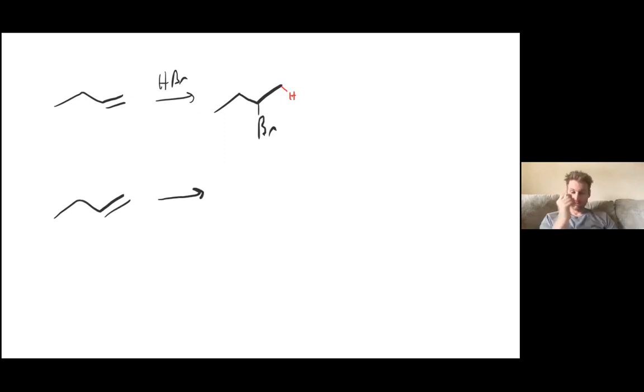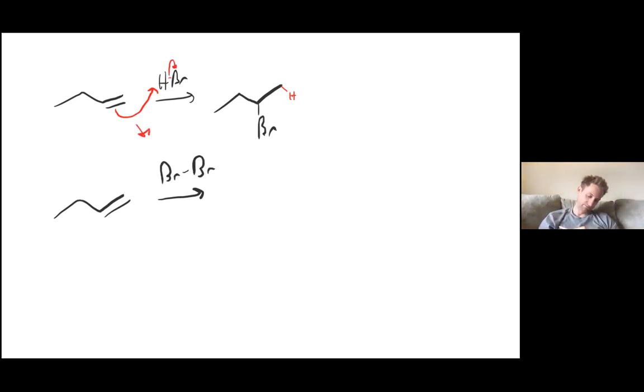So for this, instead of adding an HBr, what we're going to add in is Br2. It's going to behave very similarly to HBr, except essentially we're just going to substitute one of these Brs for an H. So up top here, we would attack this H. We'd end up kicking this bromine out.